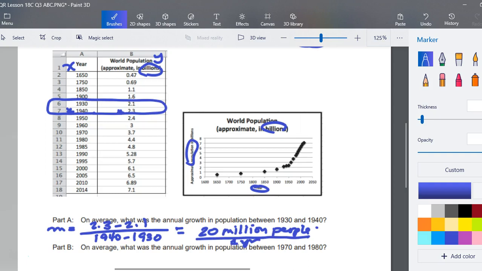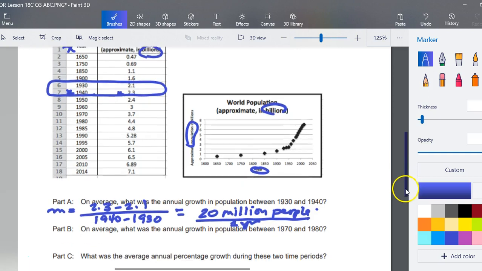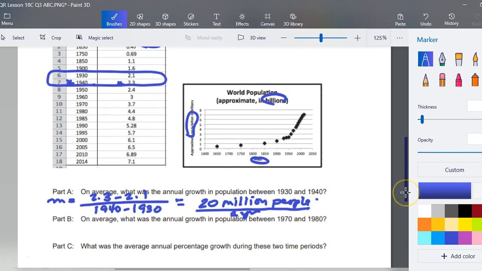But then it keeps going to part B and says, on average, what's the annual growth in population, annual, here's our per 1 year, between 1970 and 1980.